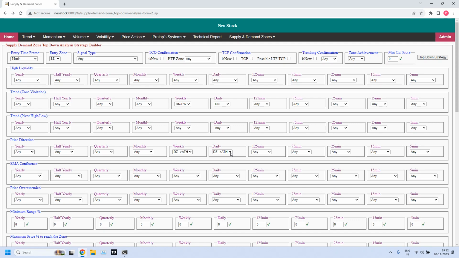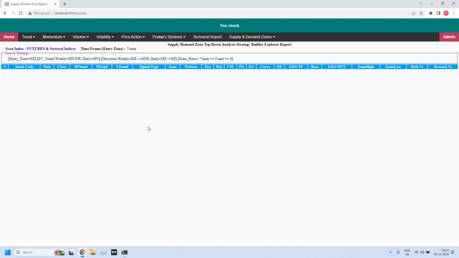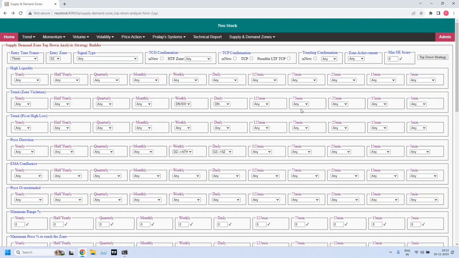Daily should be demand zone to supply zone. This is the third condition. Actually, we executed the third condition. Okay, now we will execute the second condition. This is also not having any stocks. Okay, fine. That means we have identified only one report. Remaining 2 reports, there are no stocks. So this is for a bearish setup.